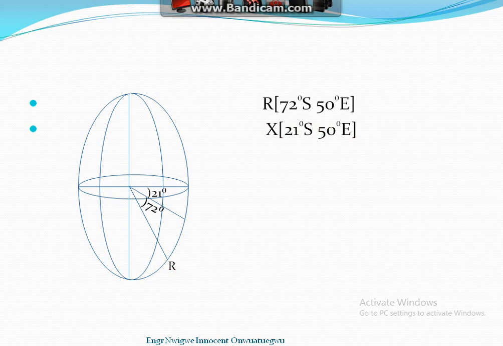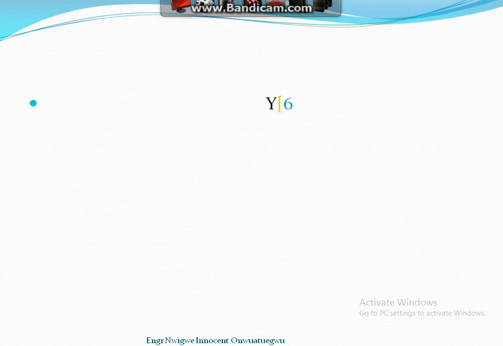The location of the position Y is latitude 60 degrees south and longitude 14 degrees west, and the location of position H is, in parentheses, latitude 60 degrees north and 14 degrees west.